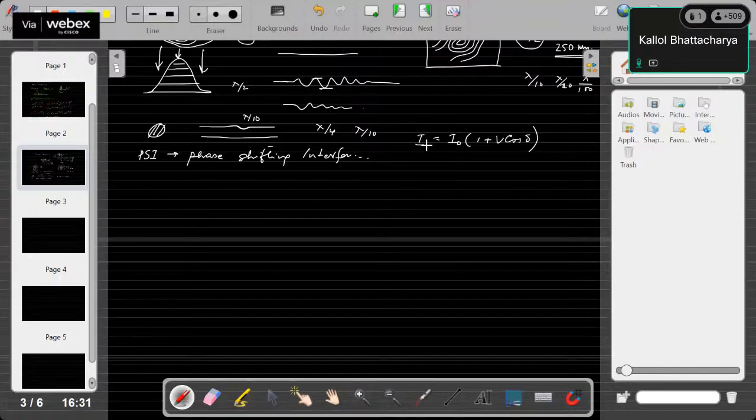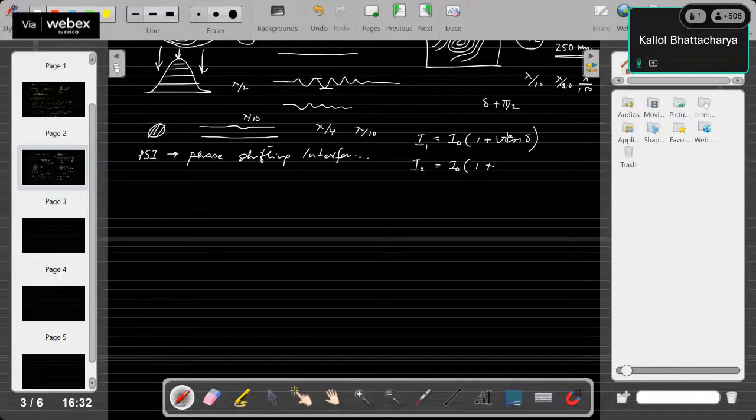So this is my first frame without any phase shift. In the second frame, you displace the mirror by lambda by 8, so that you have a phase difference of delta plus pi by 2, where delta is a function of x and y maybe. This is I1.